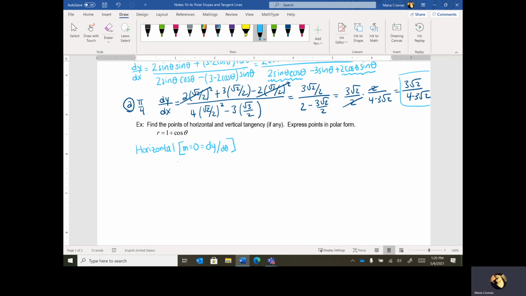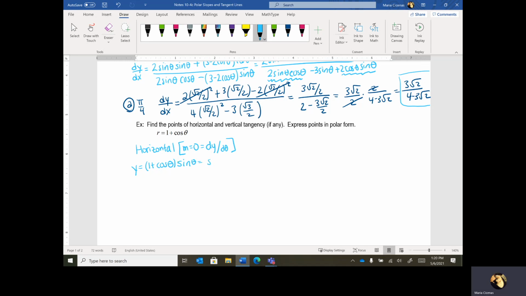So if you have the formula memorized, you could look at the numerator. Again, I tend to forget that formula, but I don't forget how to convert to x and y, which is r times cosine. Oh, as I say that I make a mistake, y is r times sine.